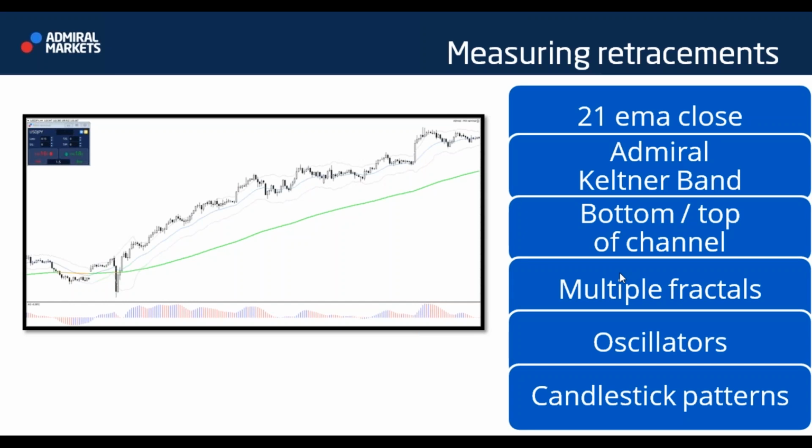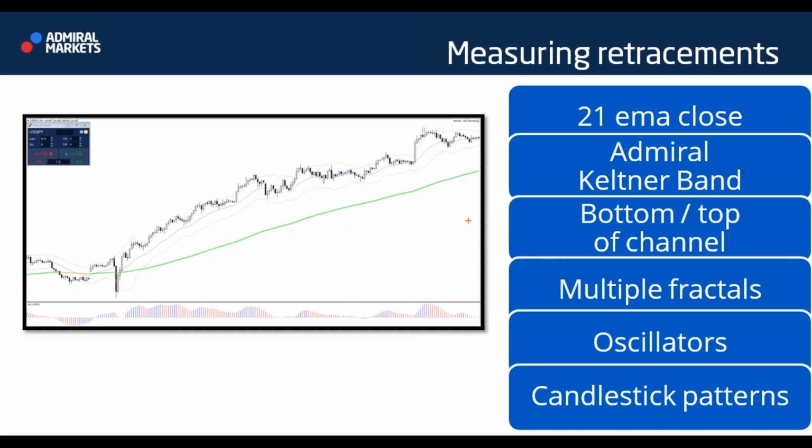So, how about retracements? Because trend is one thing, but as I already said, we want to be realistic trend traders. So measuring the retracements is very important. One of the ways to do it, in this example you see the Admiral Keltner band, which is part of the MetaTrader 4 Supreme Edition as well. I like the Keltner band because it indicates very well where price is reaching support in the uptrend or resistance in the downtrend.